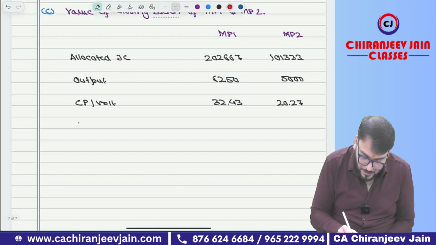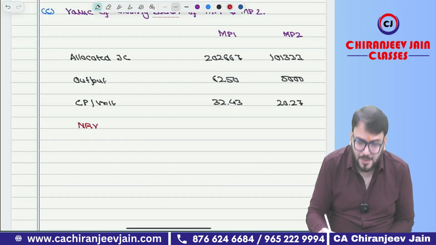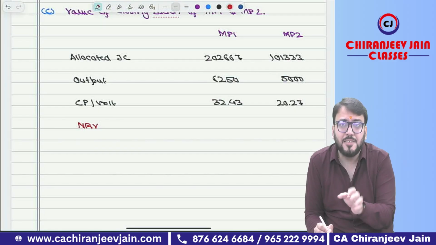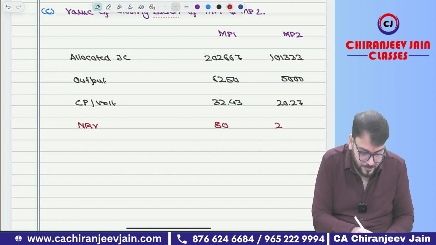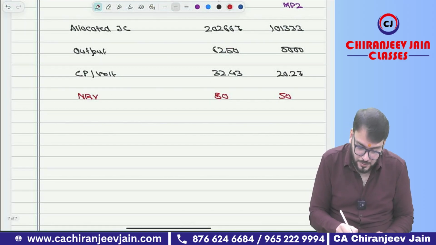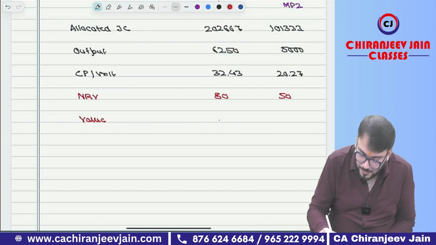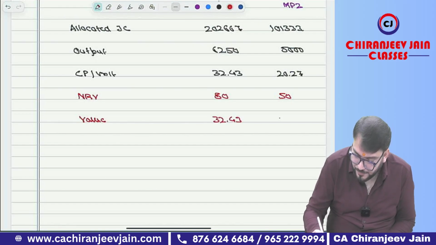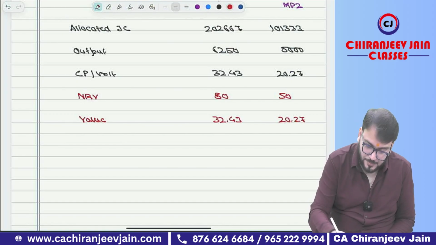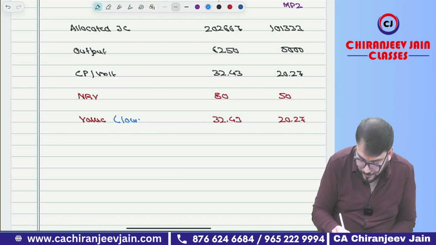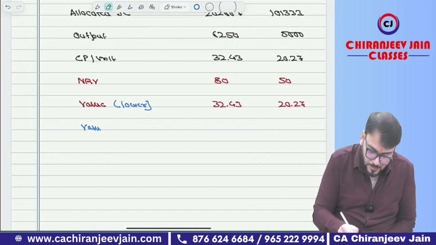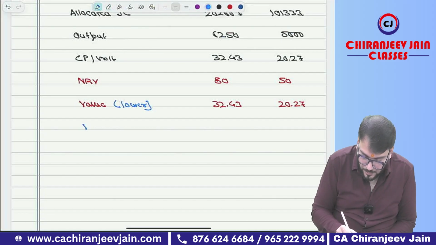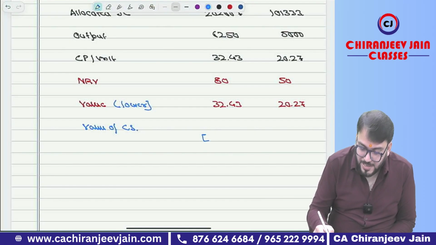So this is the cost price per unit. And what is the NRV? Because they have given the sale price, that will be the expected sale price. Selling expense is not given, so we'll take NRV as 80 and 50. The value will be the lower of 32.43 and 20.27. So how many units are left?